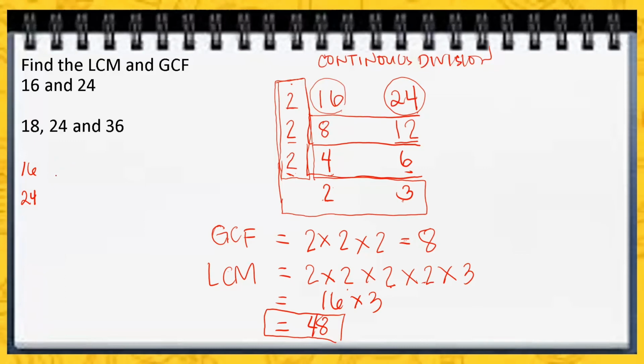So dito yung 16 natin. So 8 times 2 is a factor of 16. Pwede rin namang 4 times 4. Pwede rin 16 times 1.